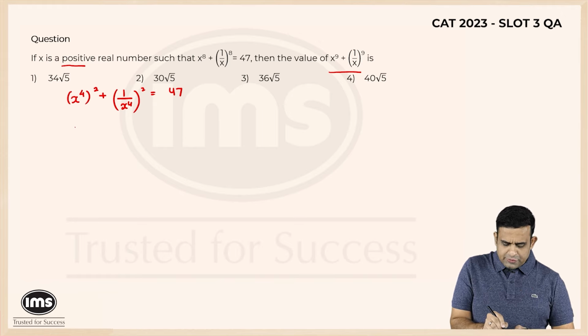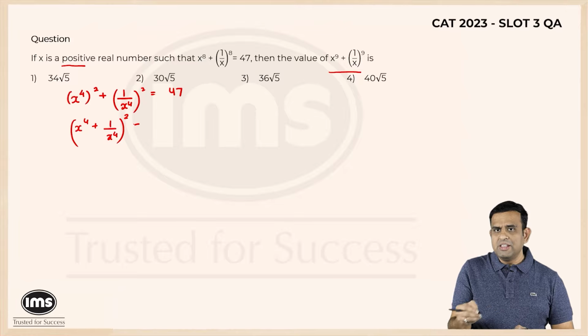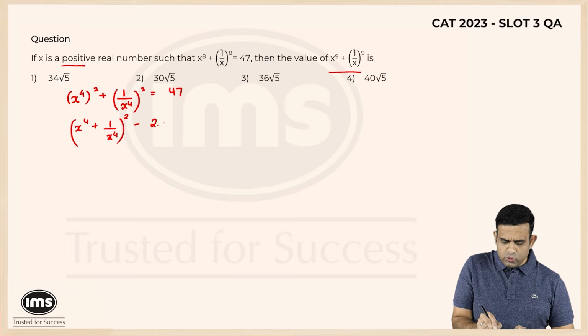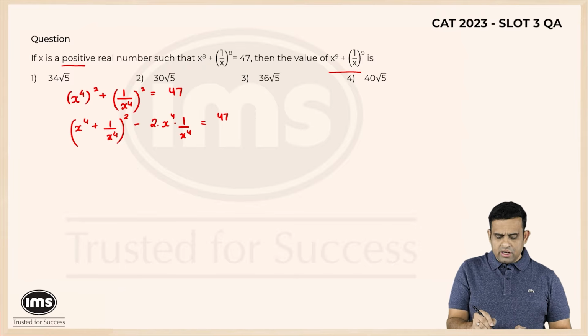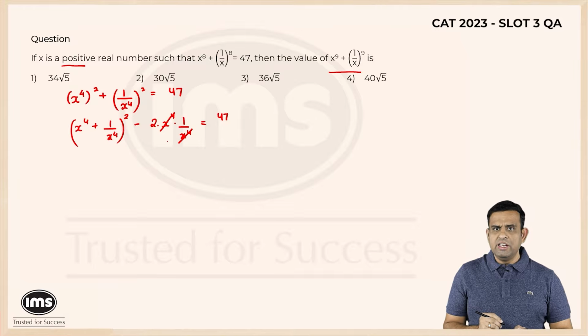So in this case, we can write the LHS as x power 4 plus 1 upon x power 4 whole square minus 2 into x power 4 into 1 upon x power 4 equals 47. Now the term x power 4 can be easily cancelled.